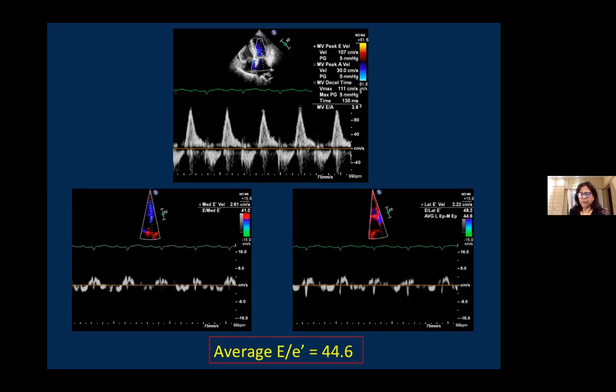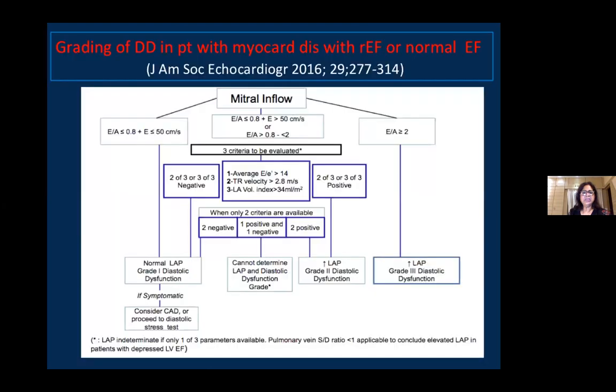So this way we grade the diastolic dysfunction. But the situation is not so easy in every case. Now let us look at the mid arm of mitral inflow. Here you look, if we get a pattern in between these two: E by A ratio is less than 0.8 plus E wave velocity is more than 50 centimeter per second. Here E velocity was less than 50 centimeter.